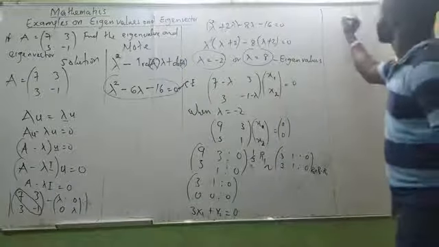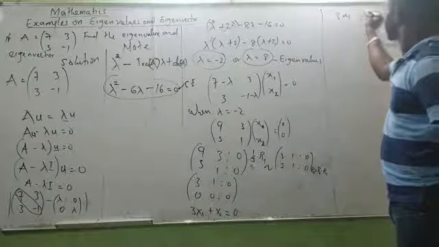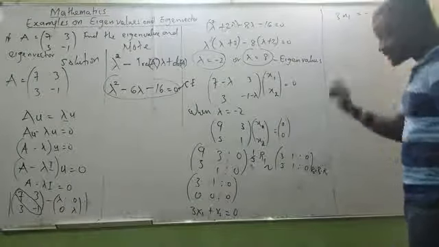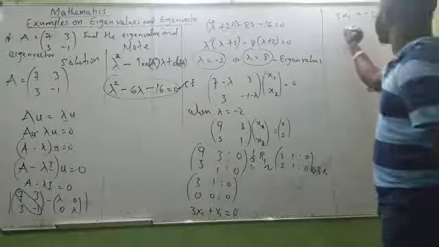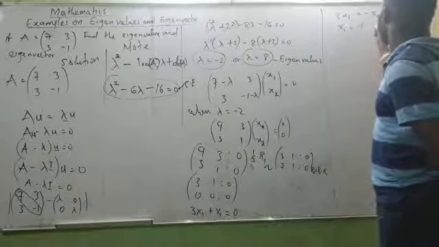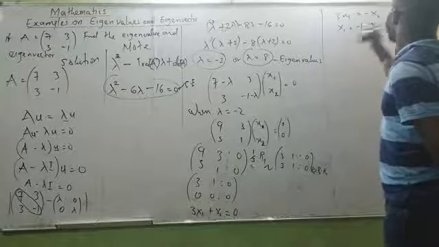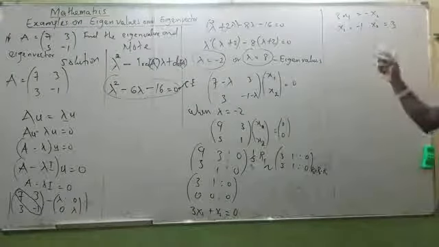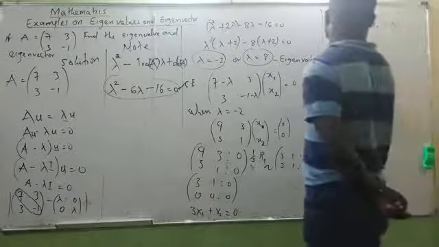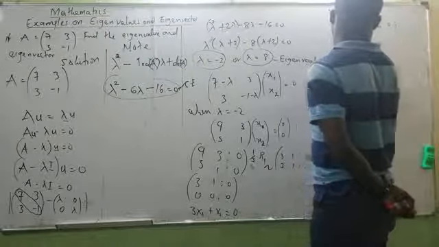It means my x1 equals to minus x2. Please take note of that. Now, my x1 equals to minus 1, my x2 equals to 3. Since I'm having this here, x1, x2 will be directly equal to what?